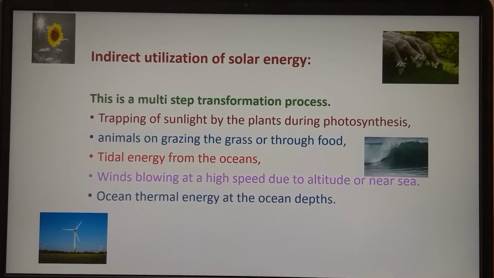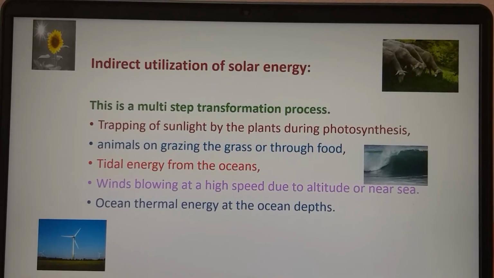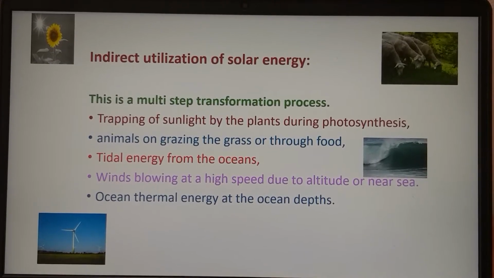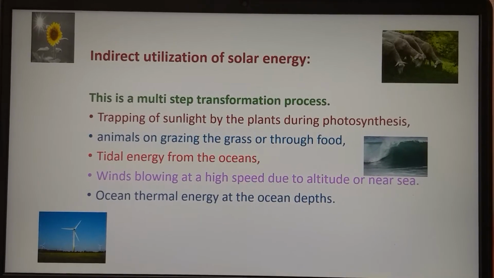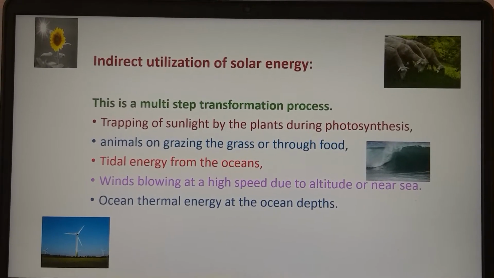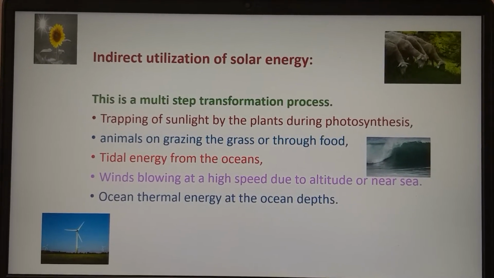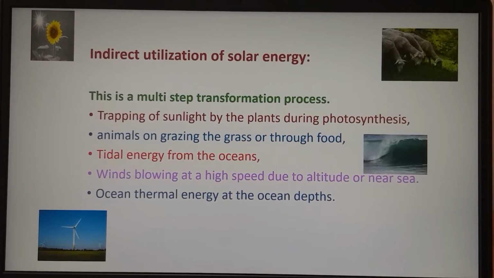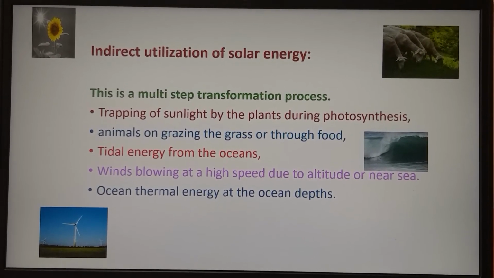Indirect methods for the conversion of solar energy into usable form is a multi-step transformation process. First, the sunlight is trapped by the plants during the photosynthesis. Animals graze on the grass and consume it as food. Animals which are carnivorous and men consume the animal or the plant products.